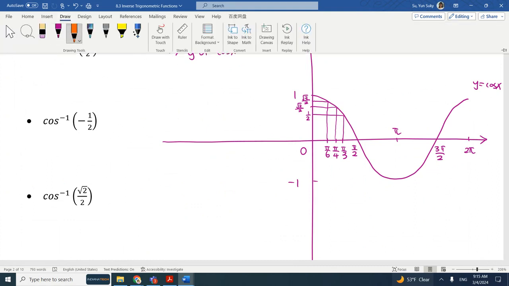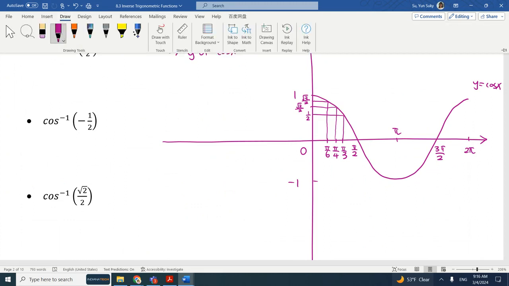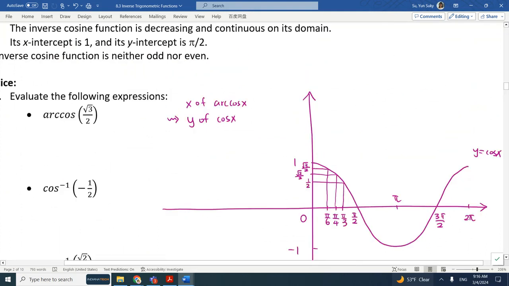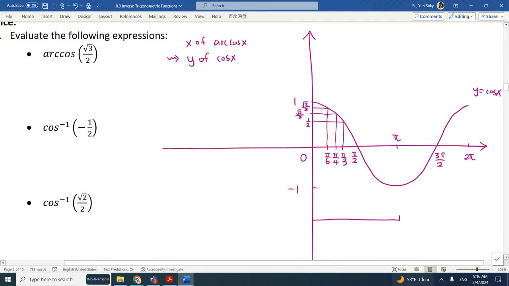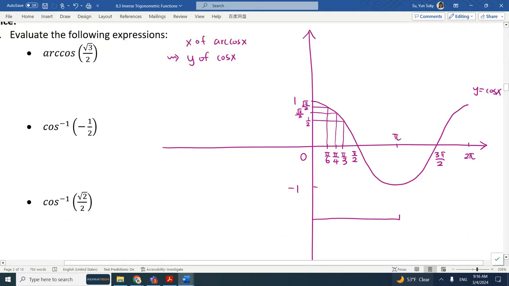Okay, now let's look at this. The first one is arc cosine of root 3 over 2. And the range of arc cosine is from 0 to pi. That is the range. So part A: the x of the arc cosine corresponds to the y of the cosine.